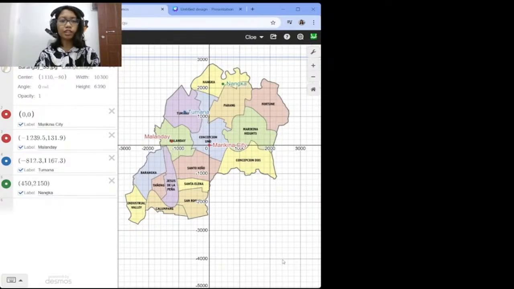Now, we will graph the three barangays using the circle equations we learned earlier to help us visualize the covered area of each barangay. We will start by graphing Barangay Malanday.